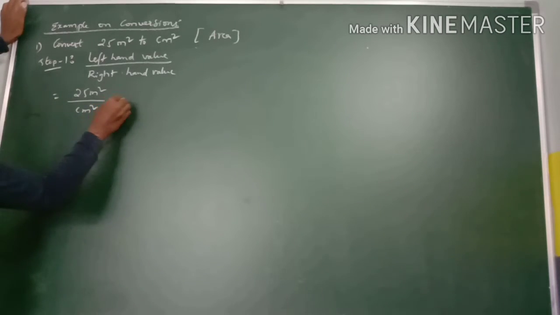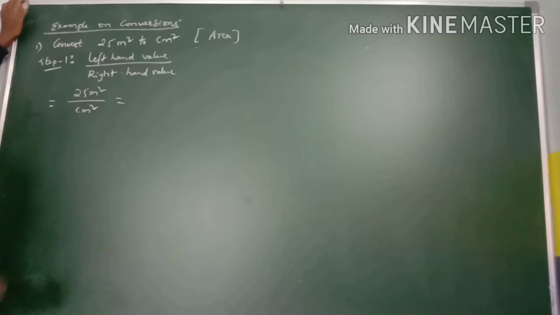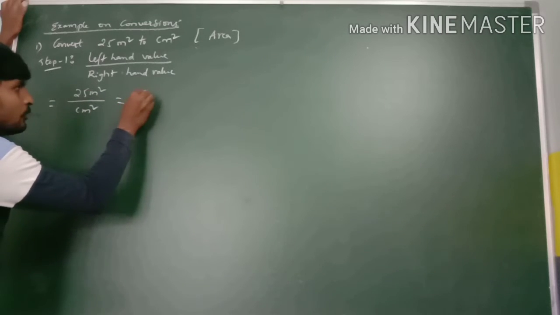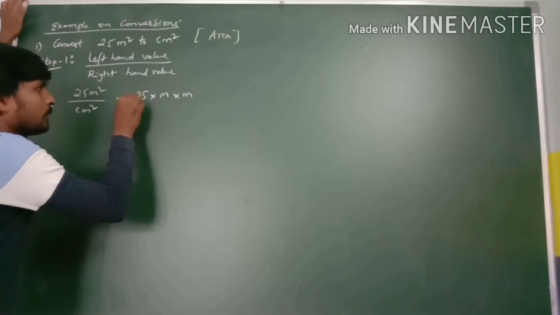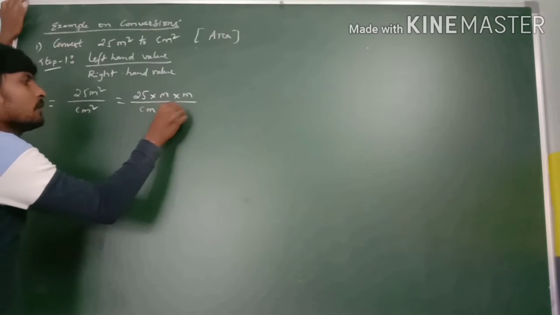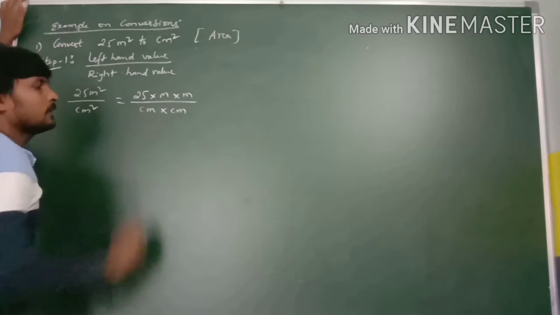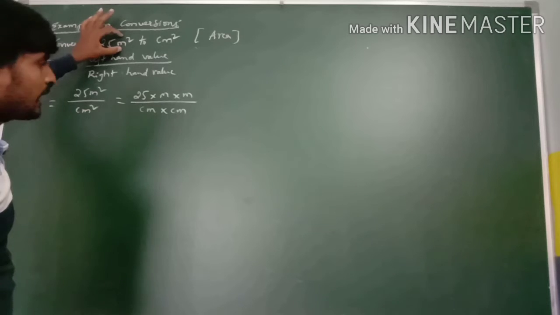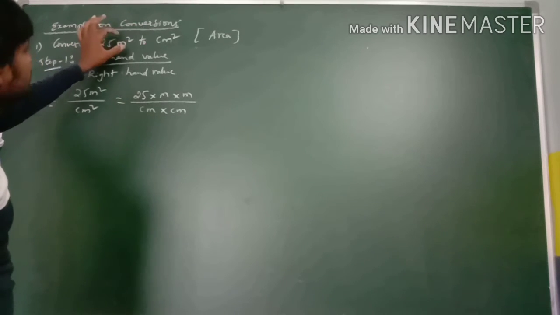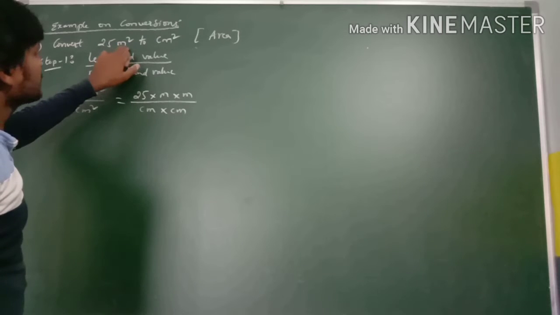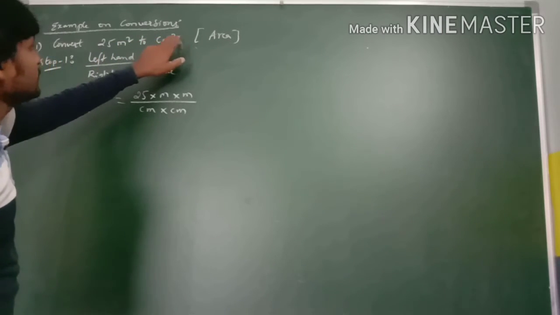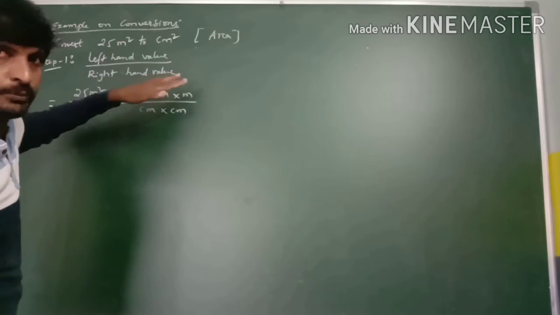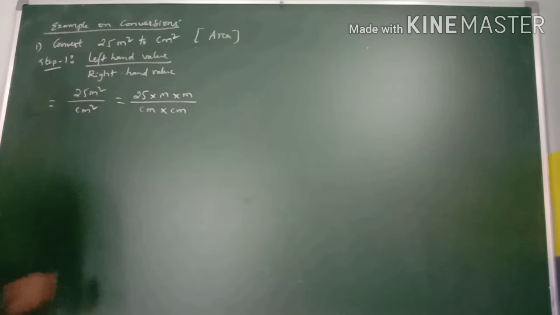So 25 meter square, here meter square is repeating 2 times, so it can be written as 25 into meter by centimeter into centimeter. The denominator also is squared, centimeter into centimeter. Remember children, if it is meter square and this is for area, the conversion should also take place in powers of 2 only, meter square, so centimeter square only. If it is cube, not possible. If it is 1, not possible. If it is other than 2, it is not possible. So here centimeter into centimeter.